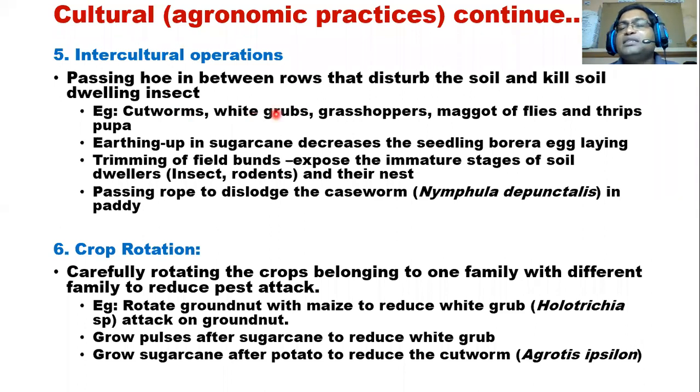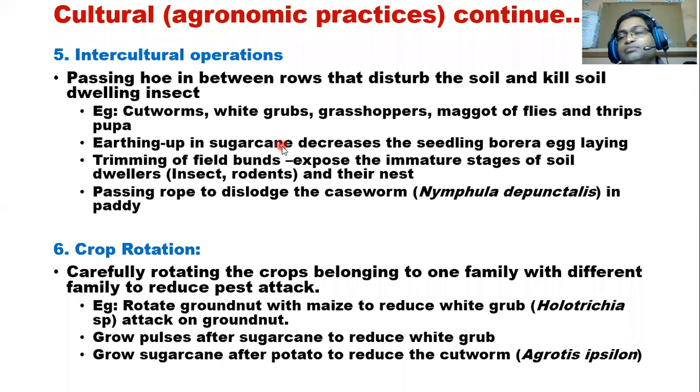You can go for mulches. Grasshoppers lay eggs in the bunds, and maggots of the flies in orchards pupate inside the soil. If you are continuously tilling your soil, then you are exposing and disturbing the crescent stages, and they will not become an adult.